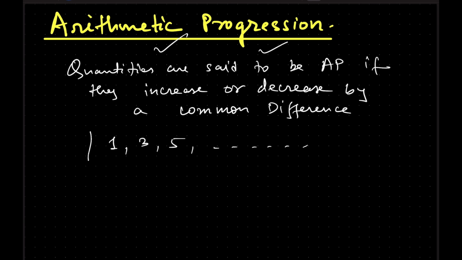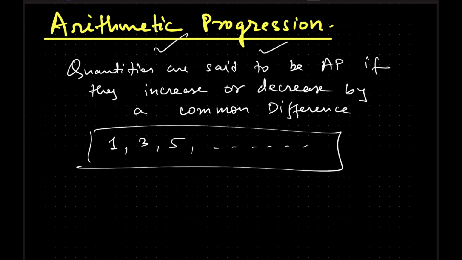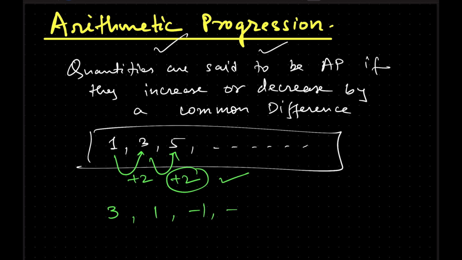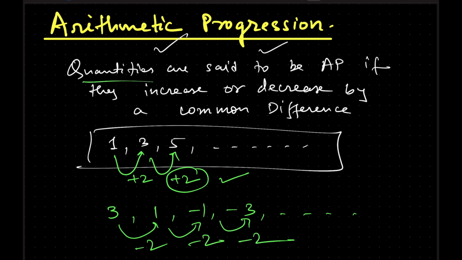Here you can see that after each term it increases by 2. This is the common difference. Another can be 1, -1, -3 and so on, where each term is decreasing by 2. So any quantities are said to be in AP if they increase or decrease by a common difference.